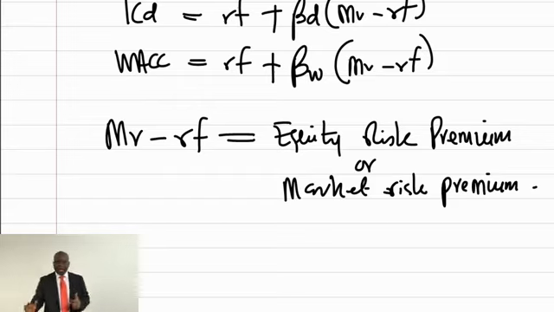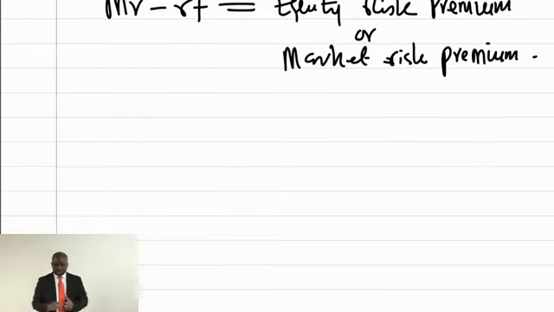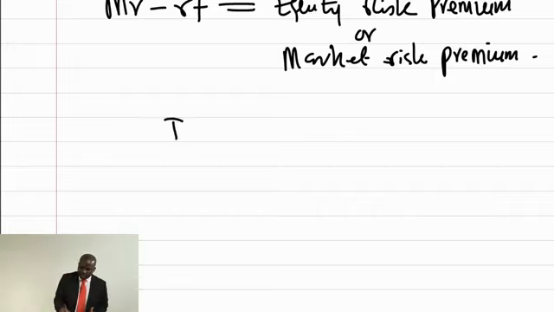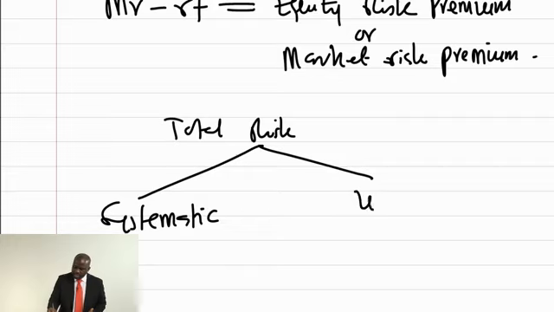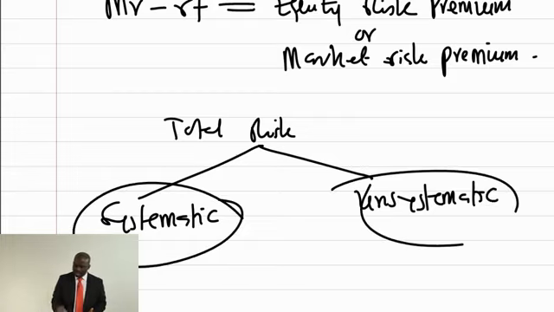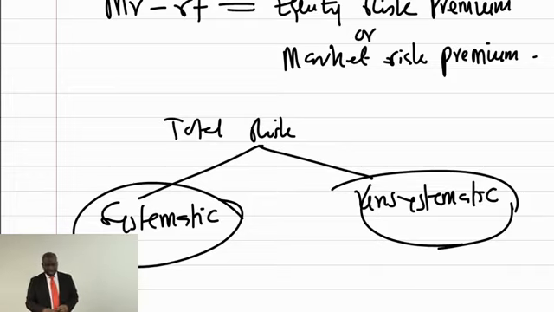Beta measures the systematic risk. As we all know, risk, which is the total risk, is divided into systematic and unsystematic. So what is the systematic risk?